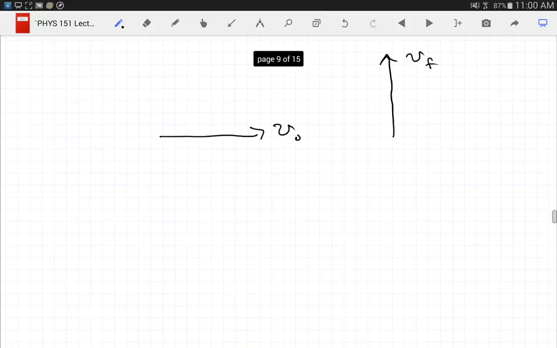We get the resultant vector, but you can't just be like it's north minus east. I'm going to get an angle that's not just north or east. And so if I'm subtracting these, I'm going to take my V final vector, and I'm going to subtract V initial.